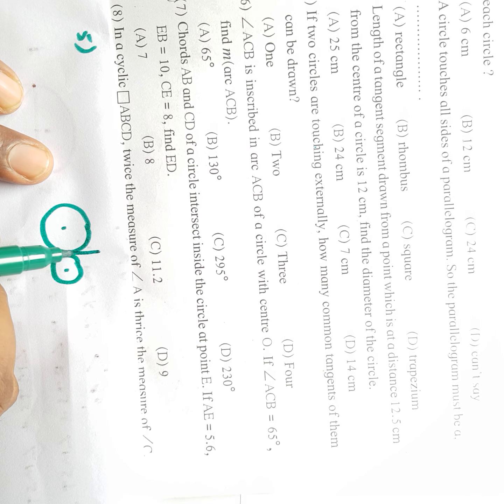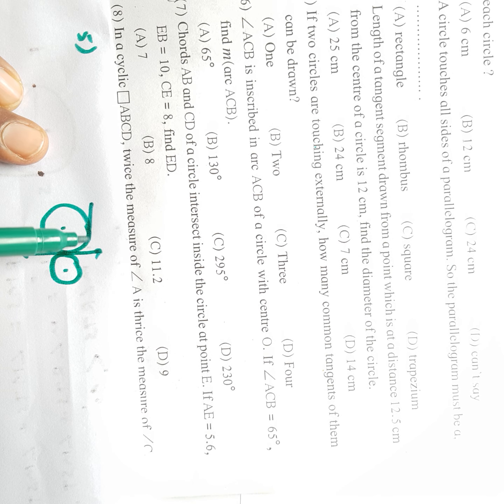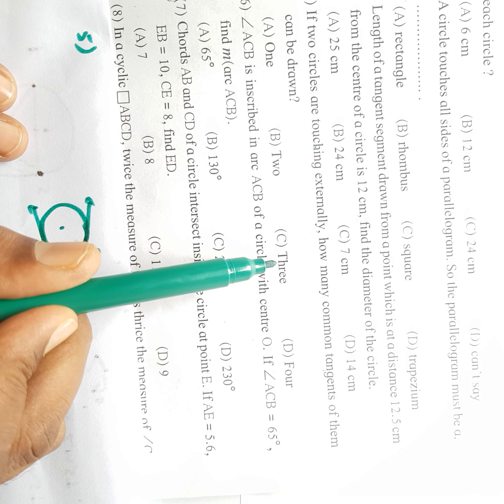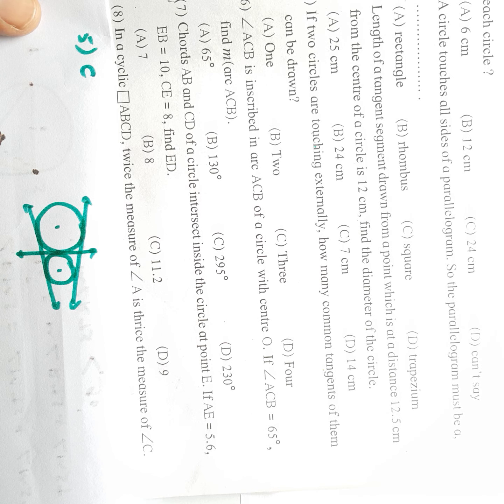One common tangent can be drawn through this touching point. Another can be drawn like this, and another one like this. That means 3 tangents can be drawn. Therefore, for the fifth question, option C will be correct.